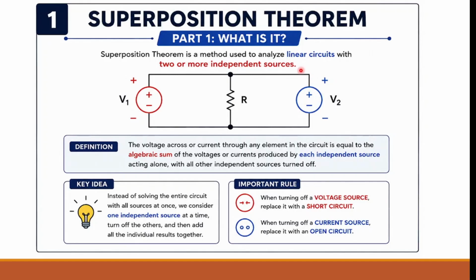Then later on, we substitute the voltage source V2 and calculate the current flowing through R1 based on V1. After that, we are going to take the algebraic sum of both currents to have the total current that flows through the resistor R1. So basically, that's the theory about the superposition theorem.